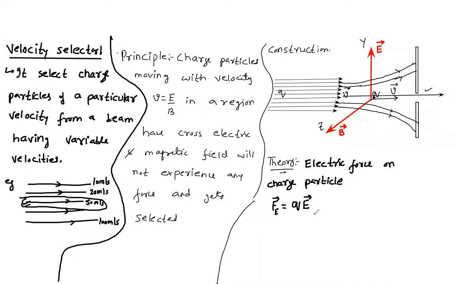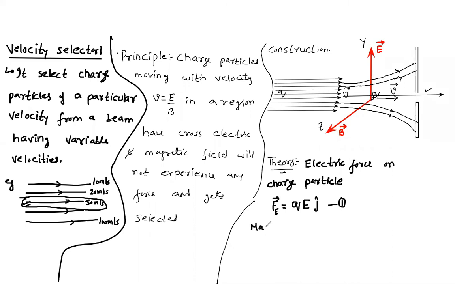And this electric force will act in the direction of the field. The field is acting upwards, so the force will act upwards, along j cap. That's my first equation. The electric field exerts force on a positively charged particle in the direction of the field, so it will simply experience force along the y axis.